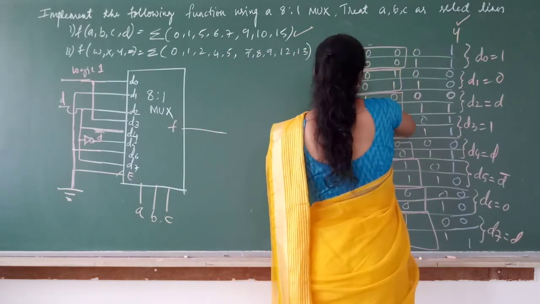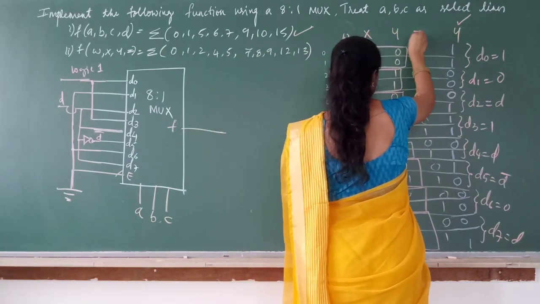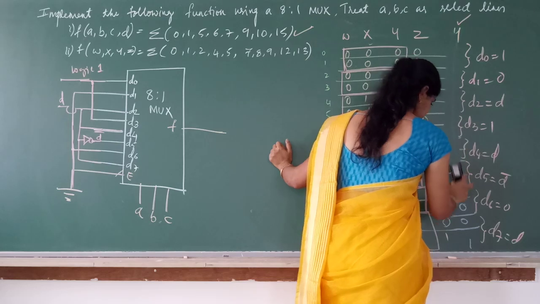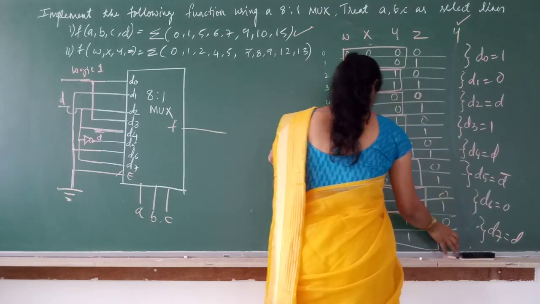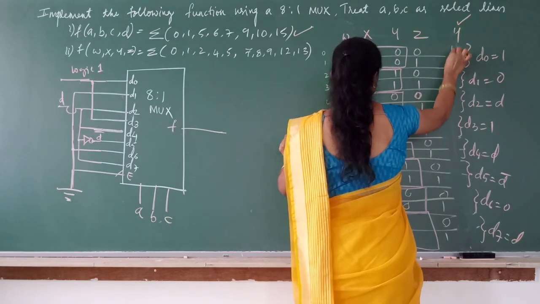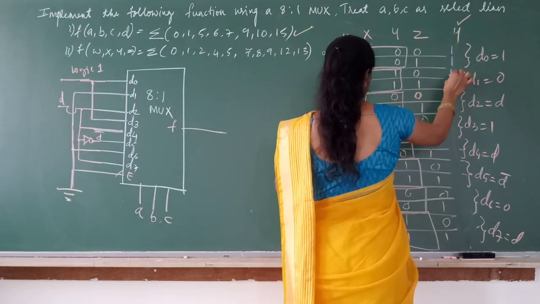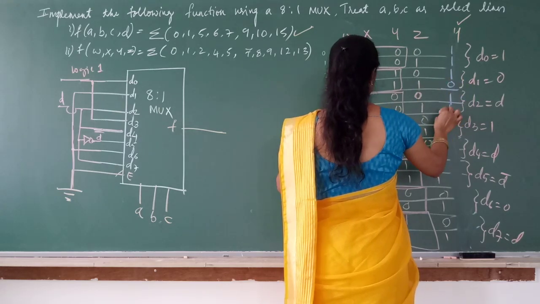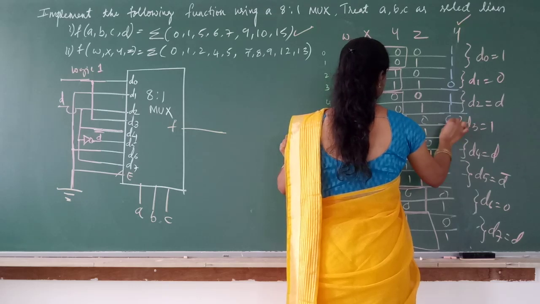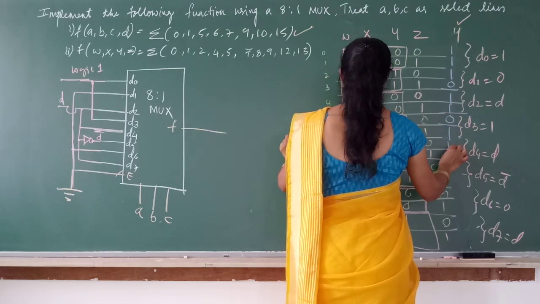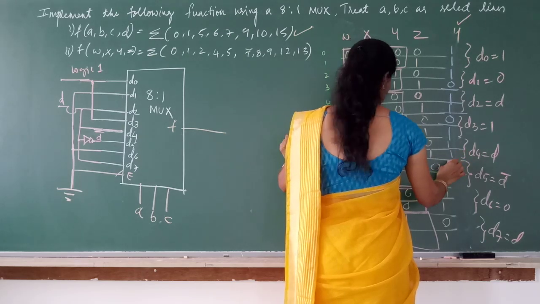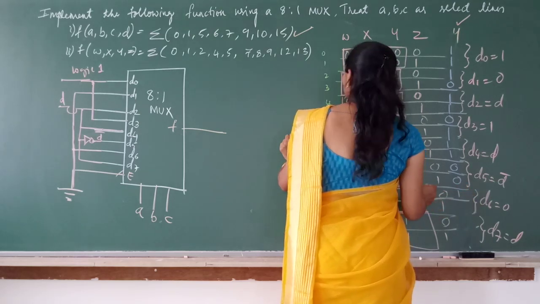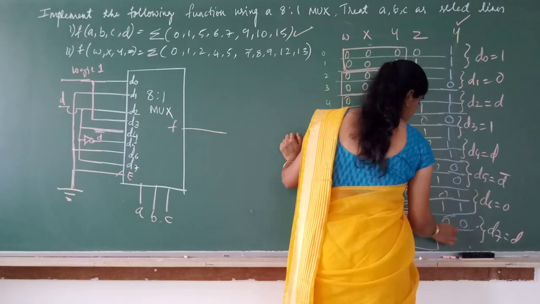The input variables are what? W, x, y, z. So, minterms are 0, 1, 2, 4, 5, 7, 8, 9, and 10, 11 are 0, 12, 13, and 14, 15 are 0.